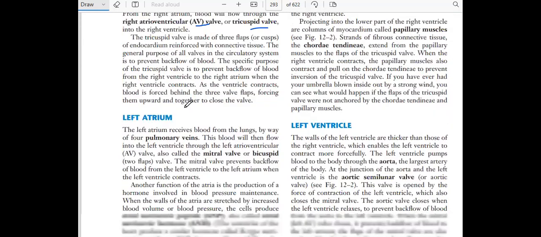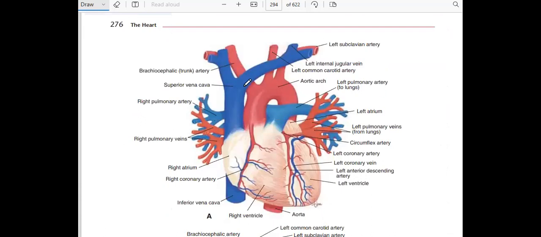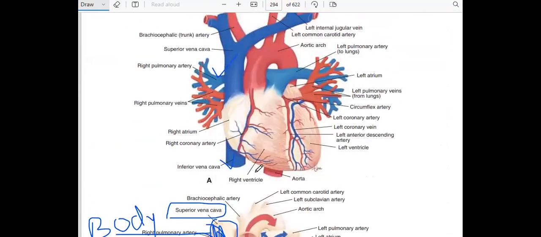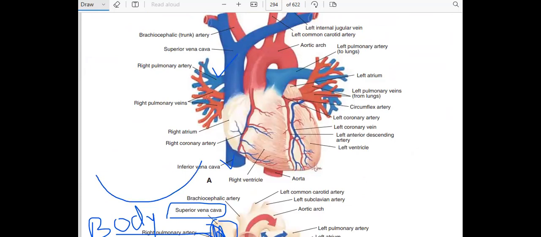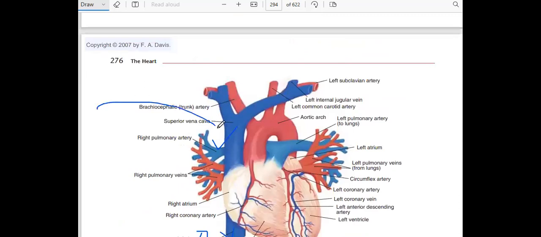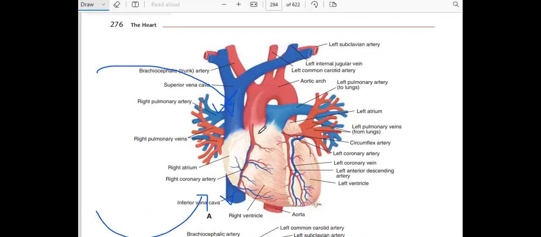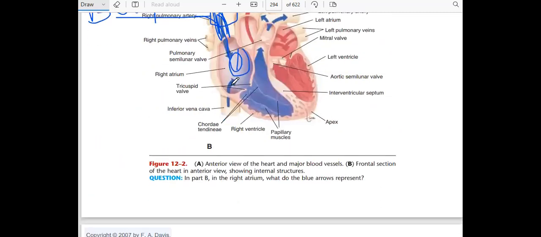So remember, we have two vena cavas, superior and inferior. They bring blood from the upper and lower parts of the body, and the blood reaches the atrium.